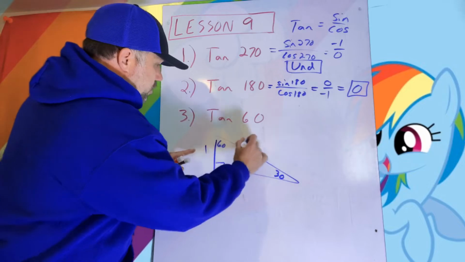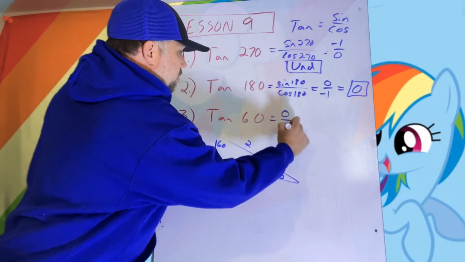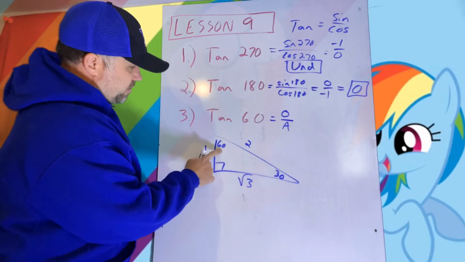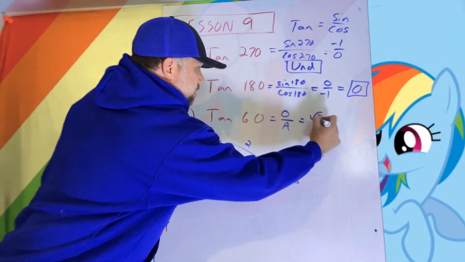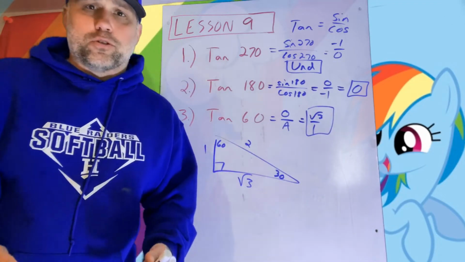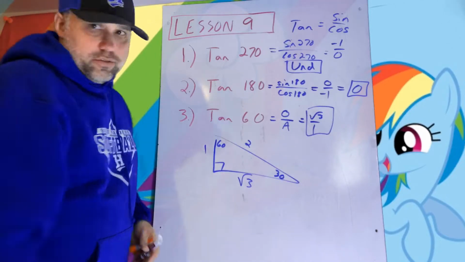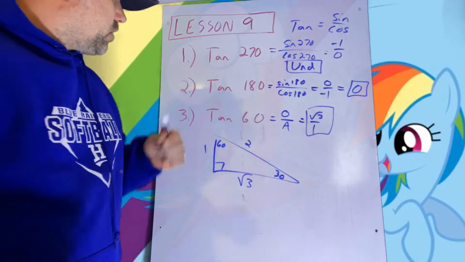Your sides are 1, 2, and radical 3. Remember, tangent is opposite over adjacent. So all I got to do is go to 60, go opposite over adjacent, radical 3 over 1, and I'm done with that one. So if the angle's not on the unit circle, go ahead and just use your special right triangles. It's much quicker with tangent. Okay, going to start the lesson in a second.